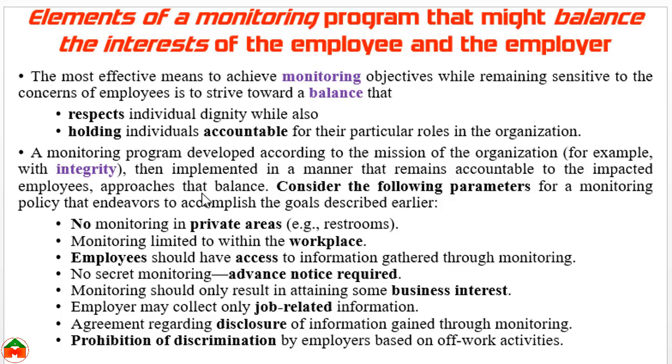In that case, he or she can consider the following parameters: no monitoring in private areas, for example restrooms; monitoring limited to within the workplace; employees should have access to information gathered through monitoring; no secret monitoring, advance notice required; monitoring should only result in attaining some business interest; the employer may collect only job-related information; agreement regarding disclosures of information gained through monitoring; and prohibition of discrimination by employers based on off-work activities.